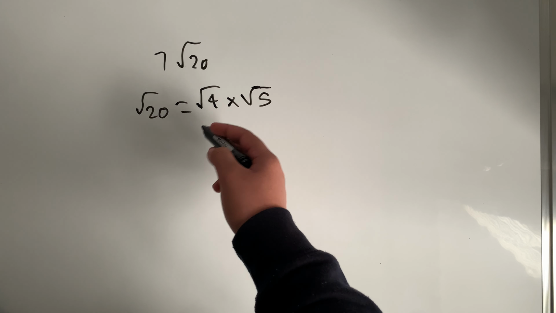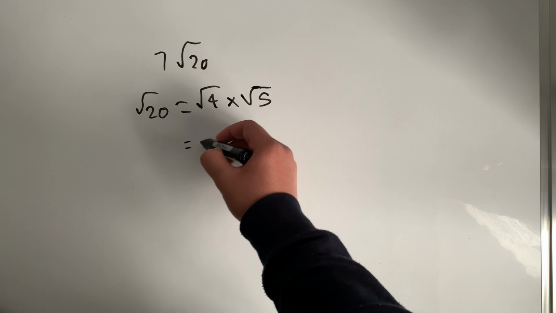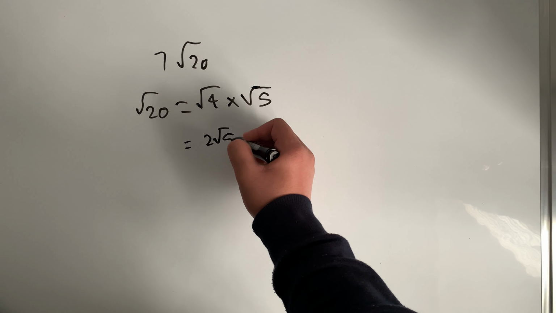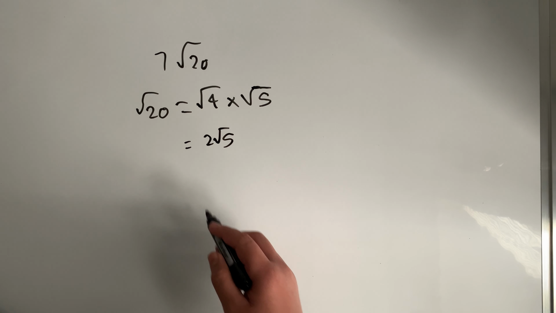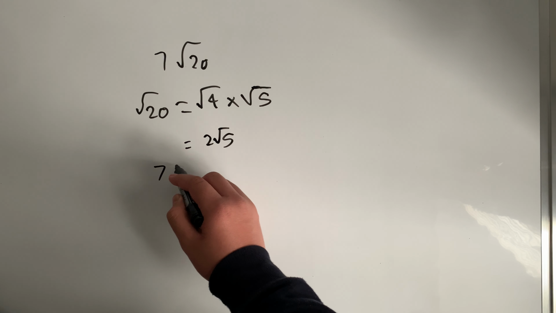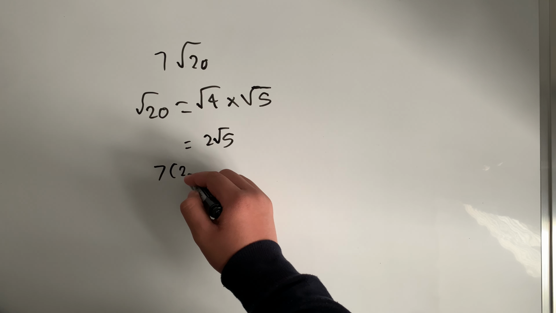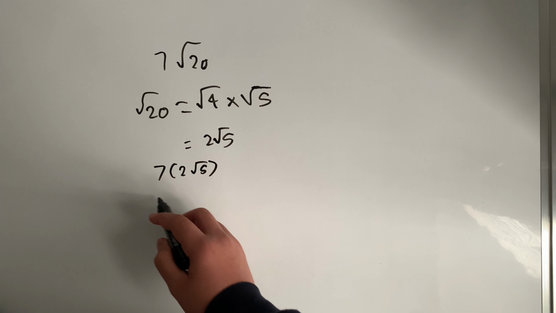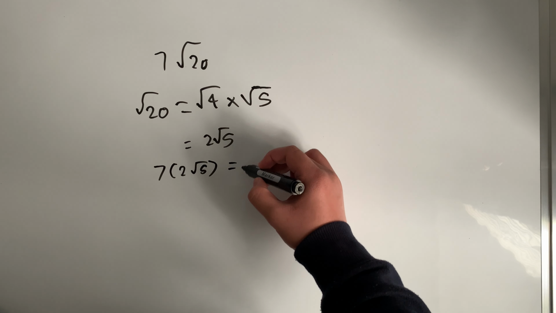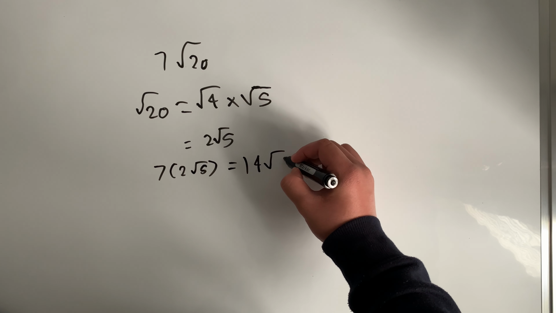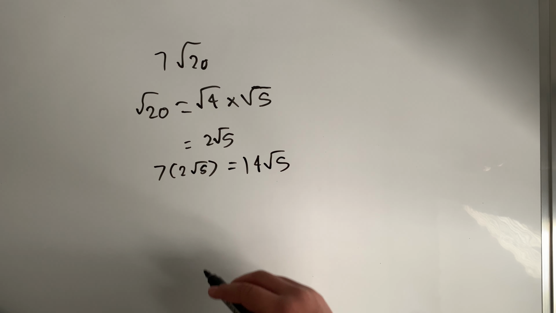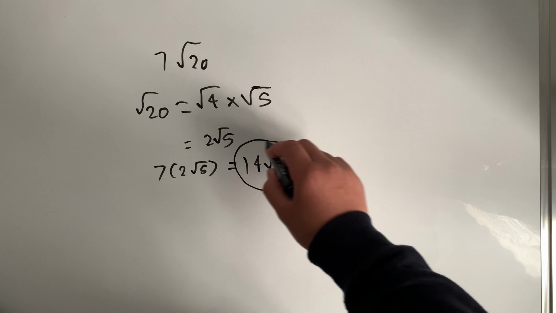And then once again, we can simplify it being 2 root 5. And remember, we do have the 7. So simply we just have to times it over here, which is 14 root 5. And that is your simplified answer.